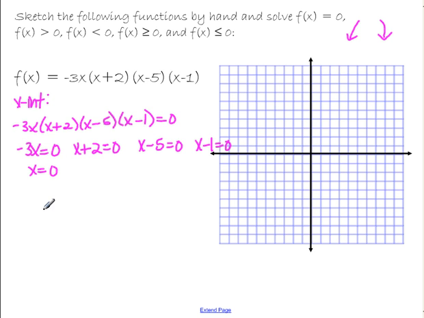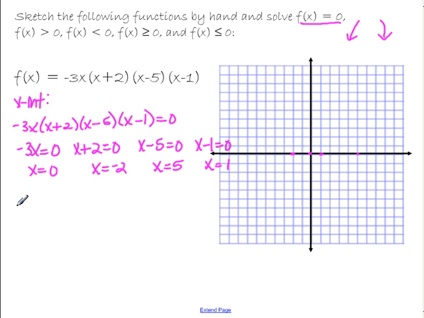If we divide by -3, we get 0. We can subtract 2 to get -2. We can add 5, and we can add 1. So our x-intercepts, or the solutions to where f of x is equal to 0, are at 0, -2, 5, and 1.